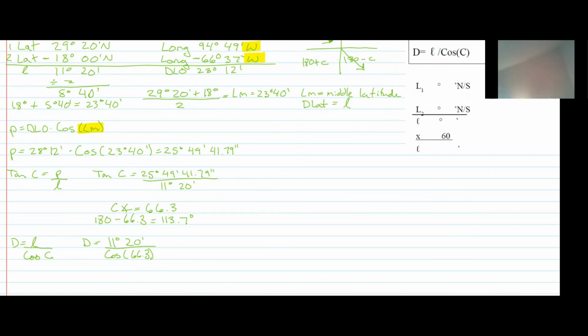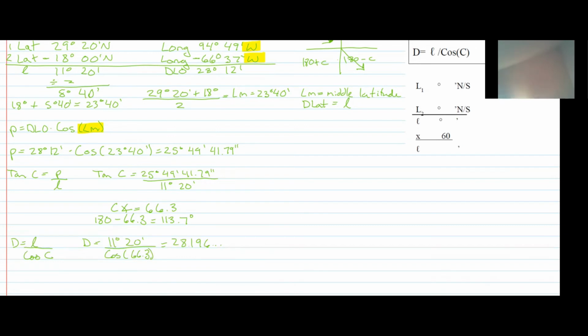So distance of 11 degrees 20 minutes divided by cosine of 66.3 equals 28.196 and some change.